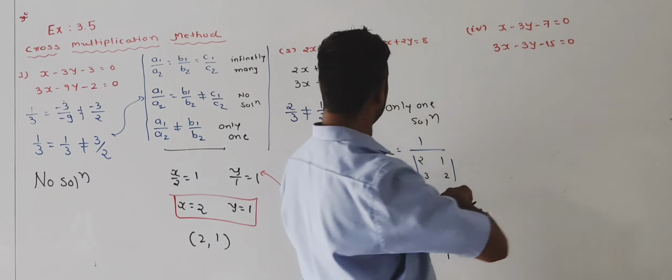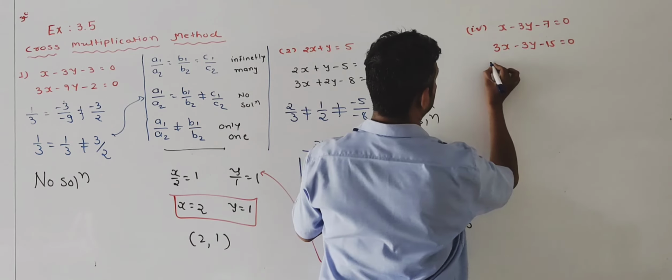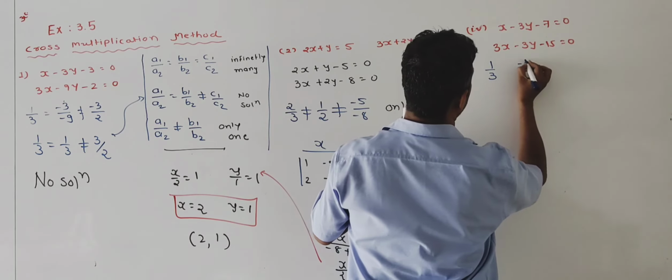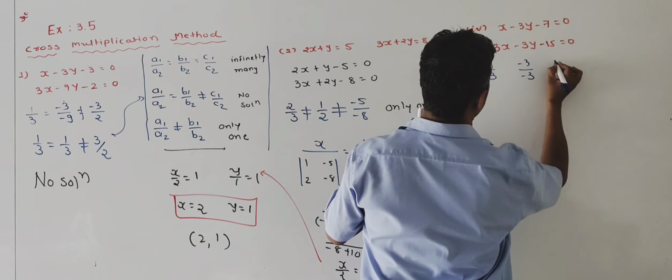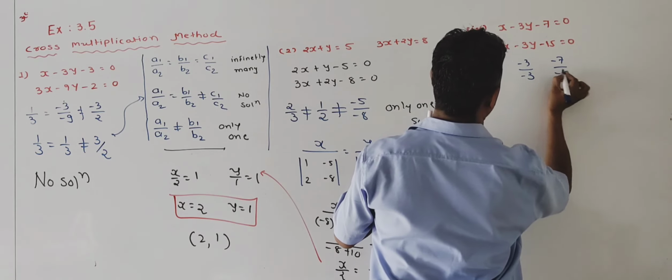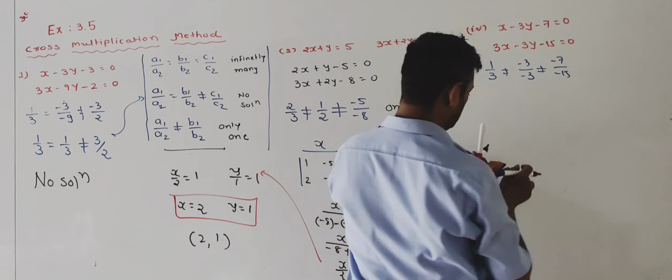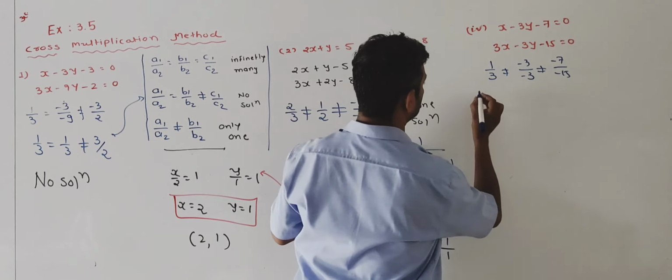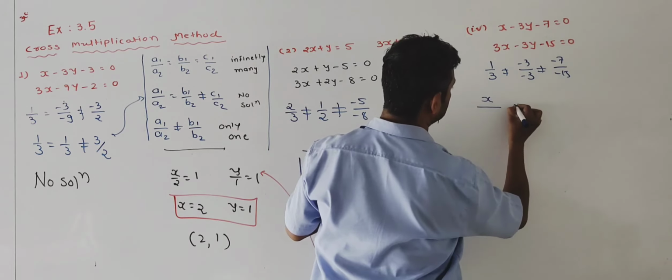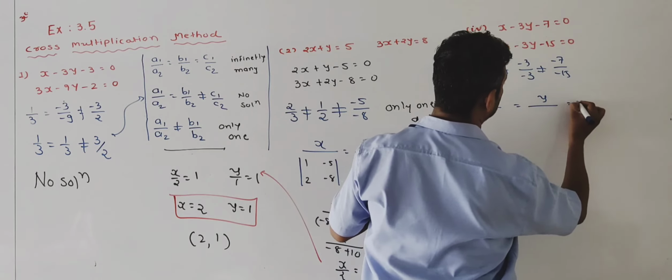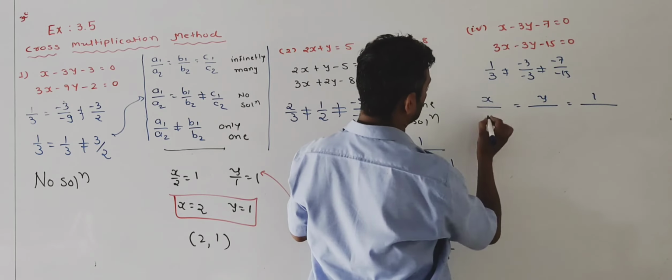Now again, here already this is 1 upon 3, minus 3 upon minus 3, minus 7 upon minus 15, which is not equal. So one solution is there. So x upon, y upon, and 1 upon.